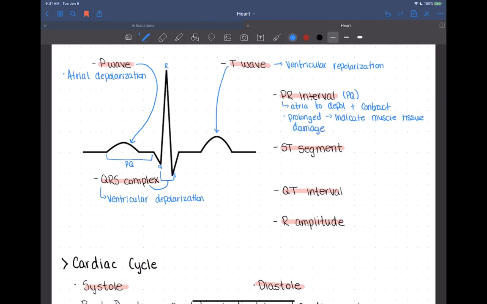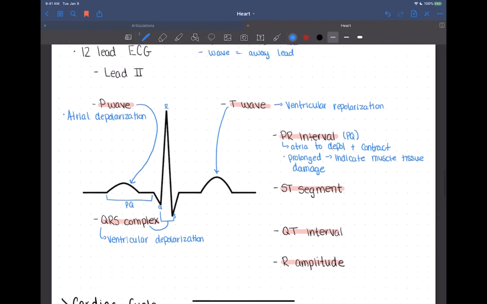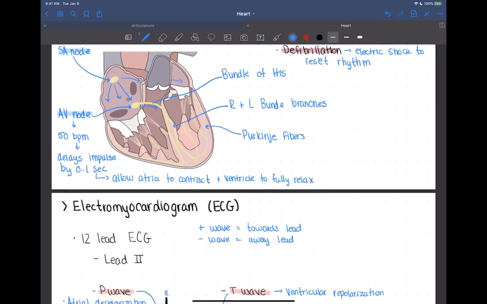And that's because if we look back up here at this picture, if we have our information traveling from this SA node to the AV node, it should have a pretty straight shot. Generally it'll take about the same amount of time, about 0.16 seconds to get from here to here.